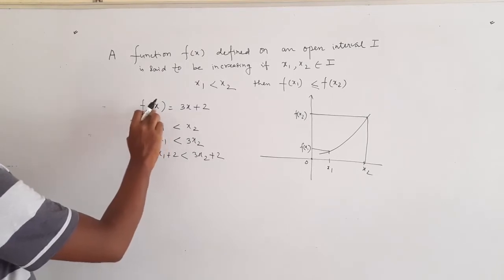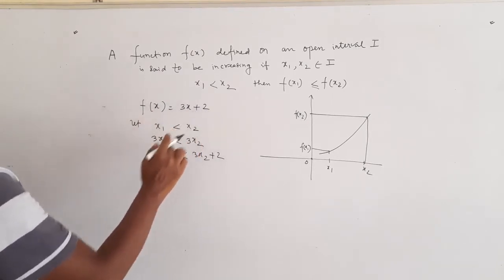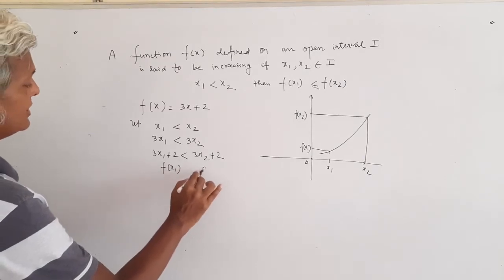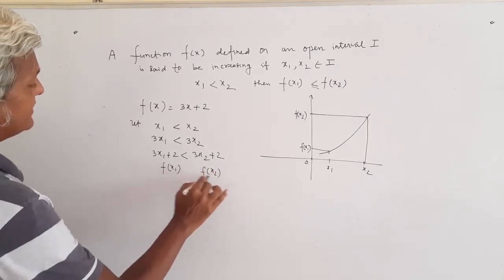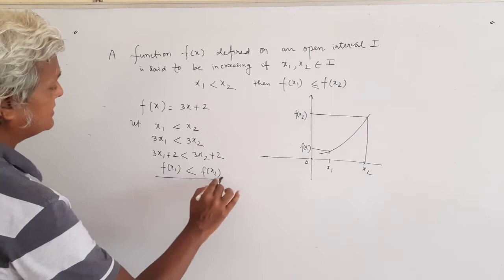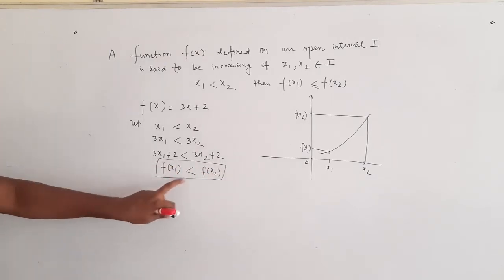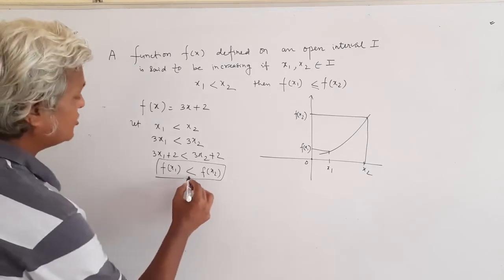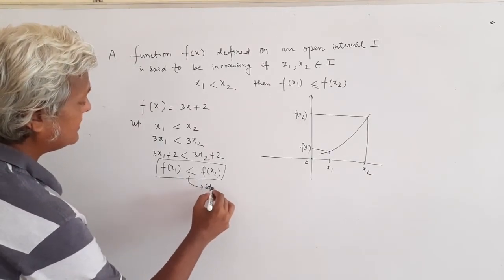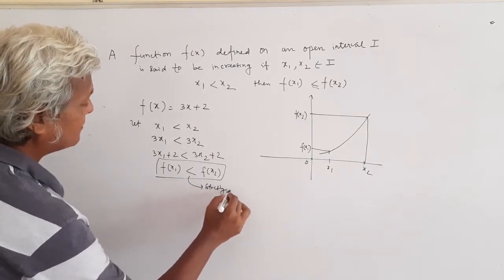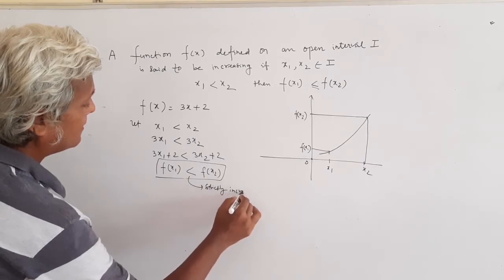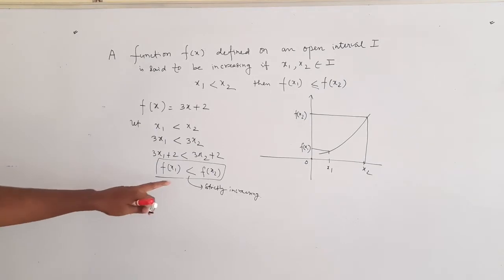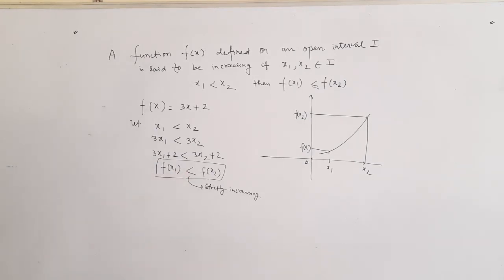If you put the value of x as x1, 3x + 2 will become this. So this is your f(x1) and this is your f(x2). This is less. If there is only a less than sign, then it is called strictly increasing, and if there is an equal to sign, you can say just increasing.